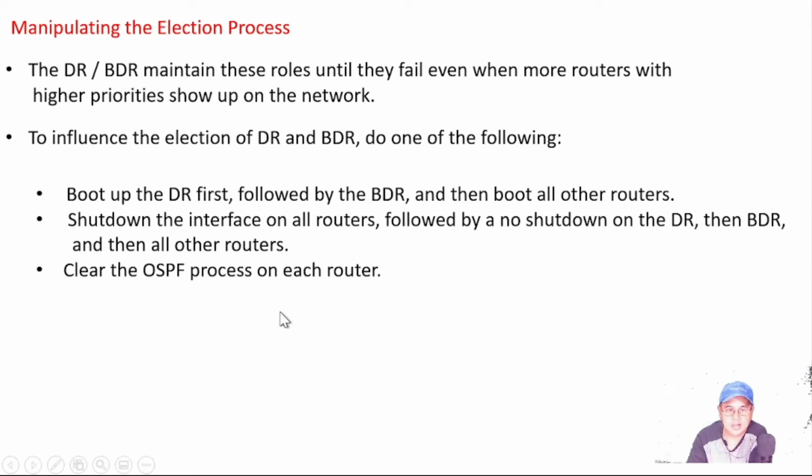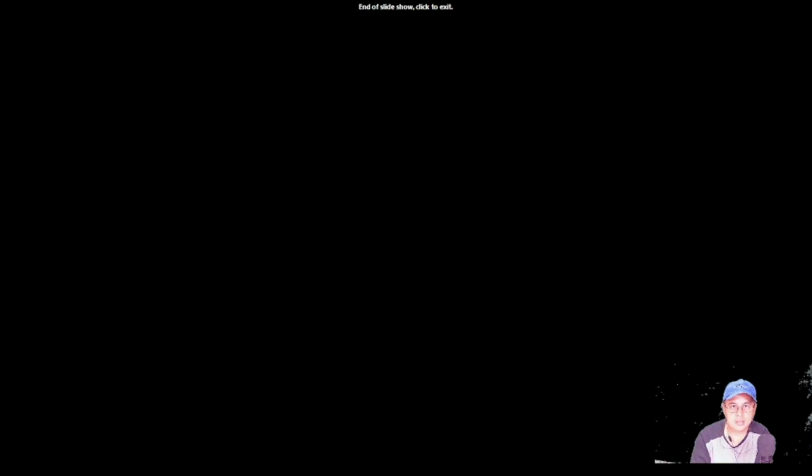If you want the routers to be DR and BDR, you have to issue the no shutdown command on its interface, and then reload all the routers participating in the routing domain. Another method to influence the election is to clear the OSPF process. You have to reload or clear the OSPF process on the router. I'll be demonstrating it to you later on.